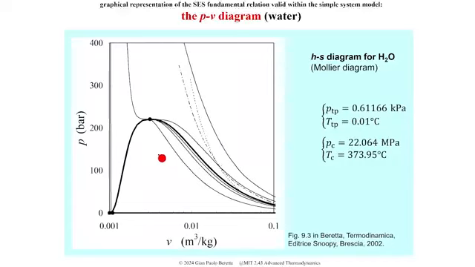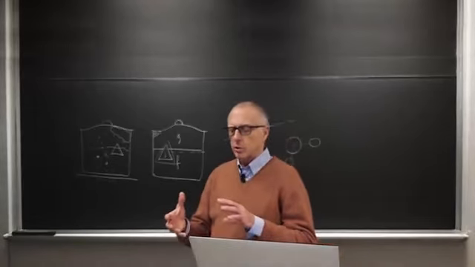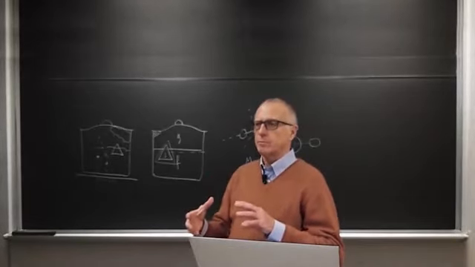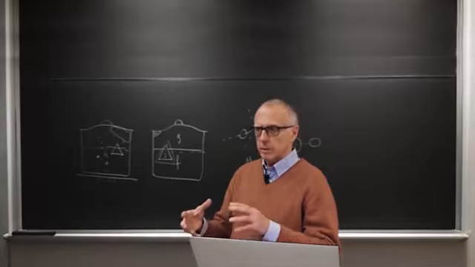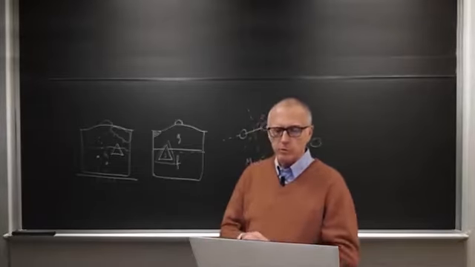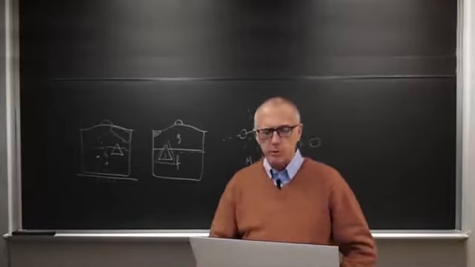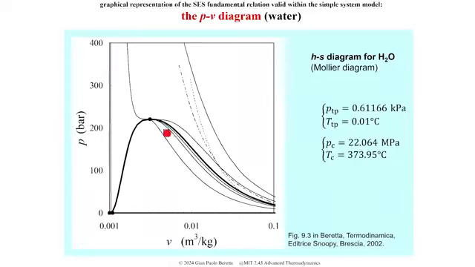The reason I'm mentioning this is that in order to do this calculation here, I needed all the 40 parameters that Keenan used for the steam tables to obtain the real properties of water in the full range, including drawing this diagram. So this is the true thing for water.